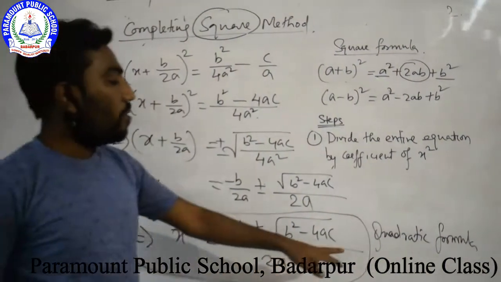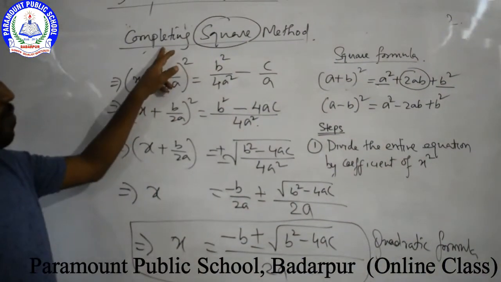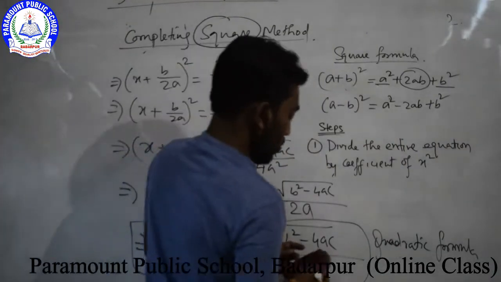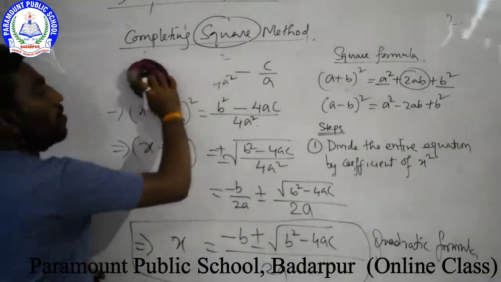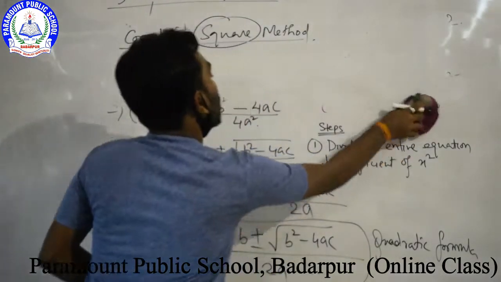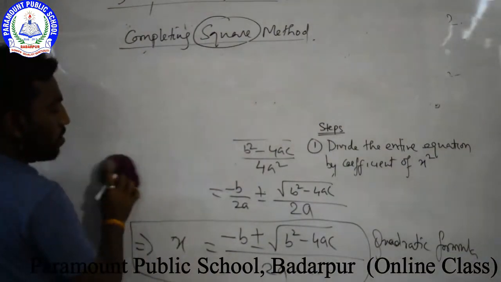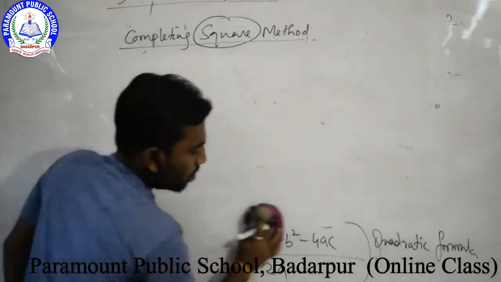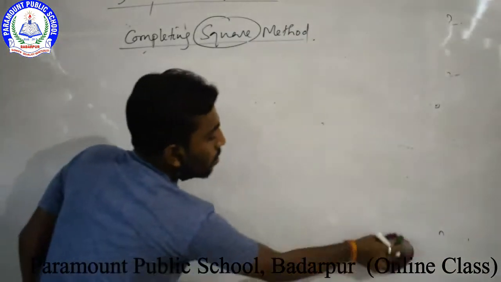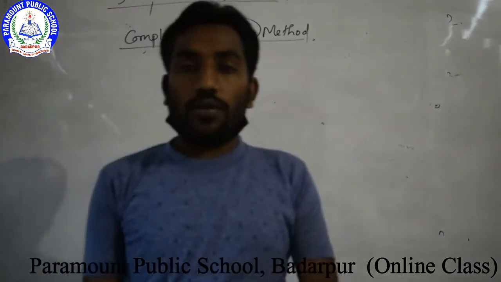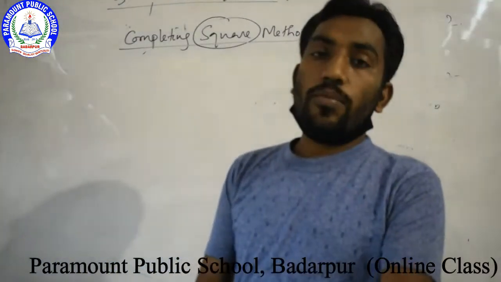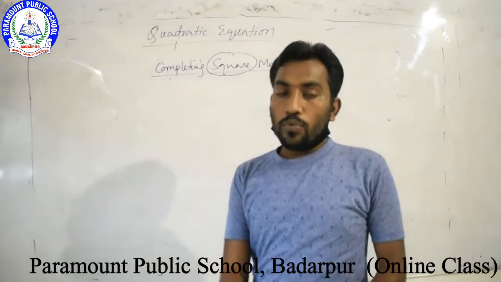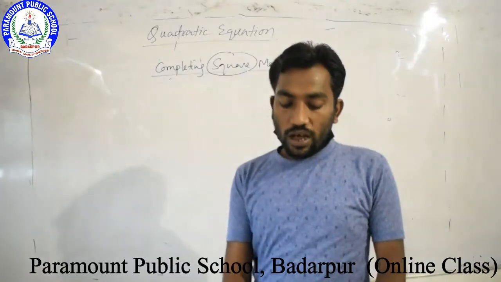Okay student? So I have derived the quadratic formula using the completing square method. Okay? So to better understand the quadratic formula by completing square method, let me take a simple example and show you how to solve a problem based on completing square method.